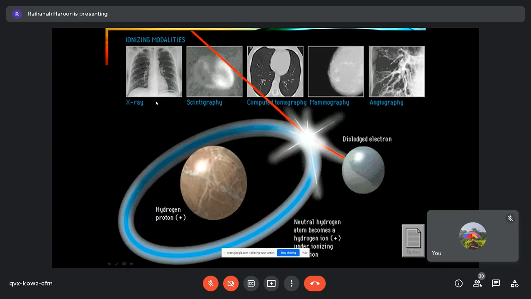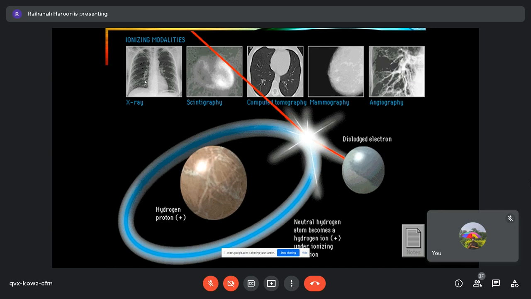So I just want you to know that this whole range of modalities utilizes ionizing radiation. Okay. X-ray, scintigraphy, CT, mammography, and angiography. Scintigraphy is anything related to nuclear medicine. The big difference between scintigraphy and other X-ray based modalities in the department is that the source of the radiation comes from the machine.